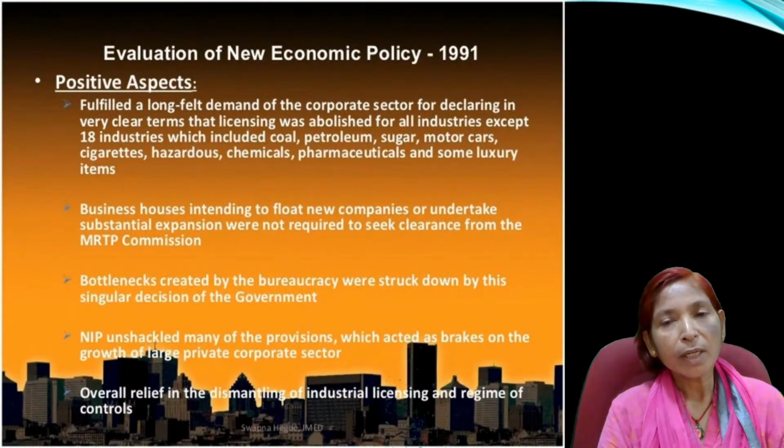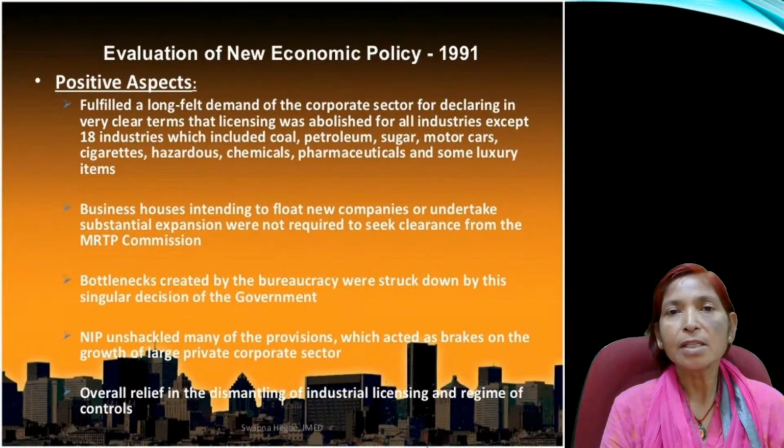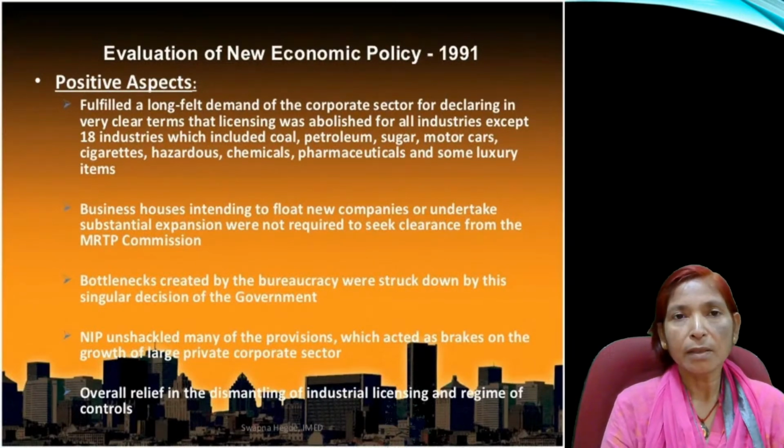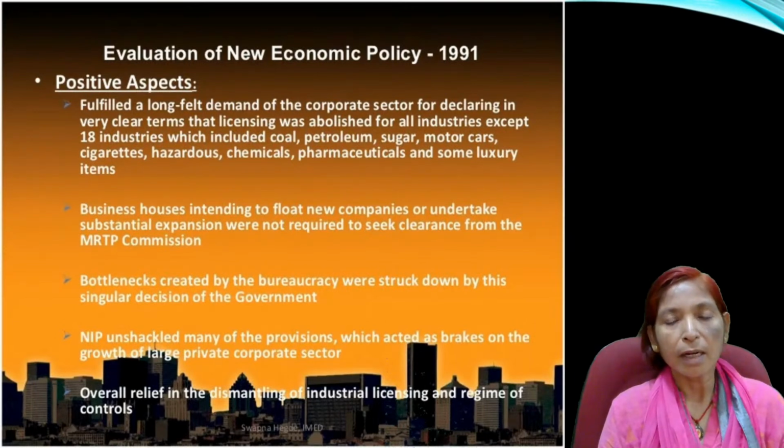And the evolution of the new economic policy 1991. What are the positive impacts of this industrial policy? This policy gives more emphasis on industrial development, research and development, technological advancement, and FDI.